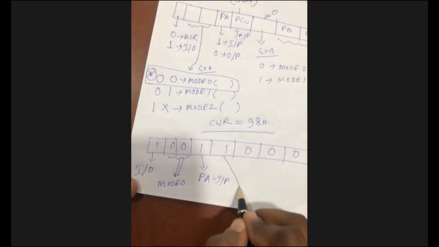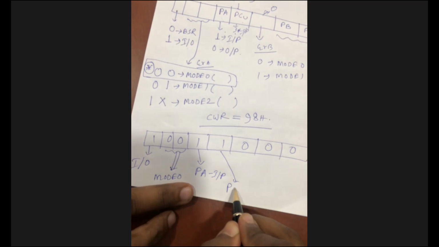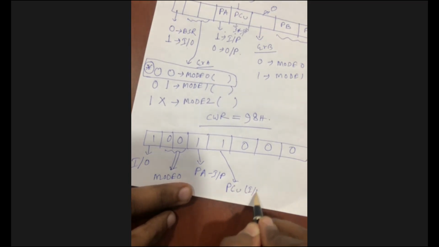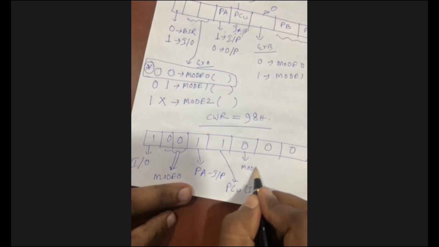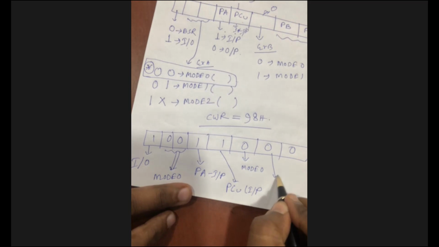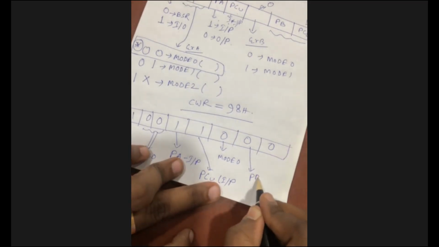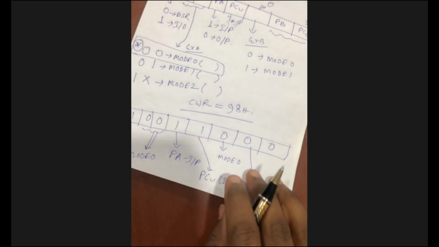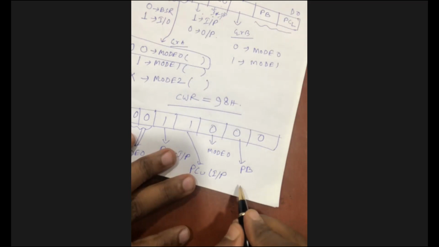This 1 is input: port C upper, input. This is again mode 0. This is PB, port B. 0 means output.